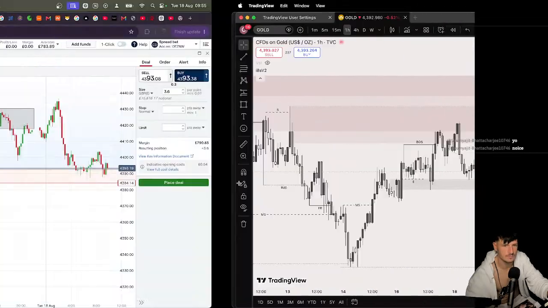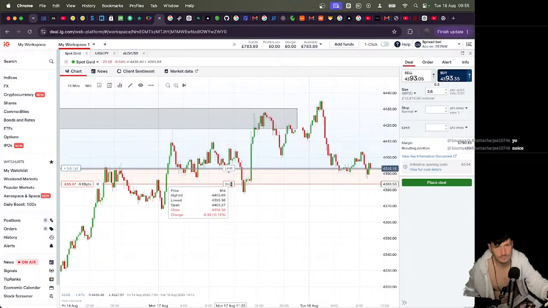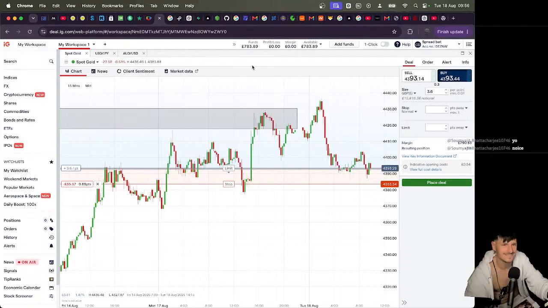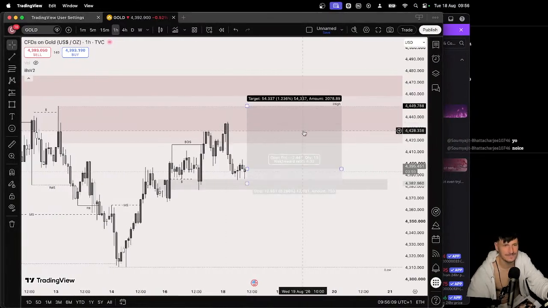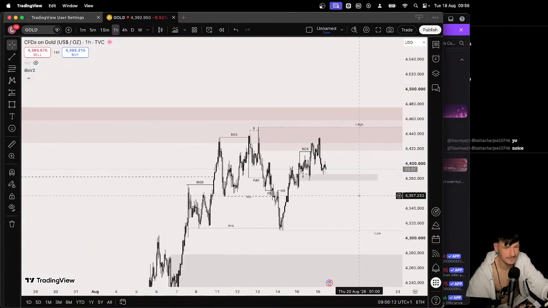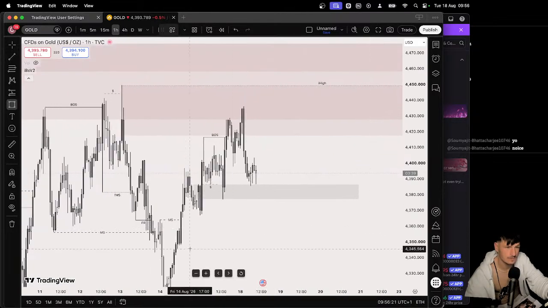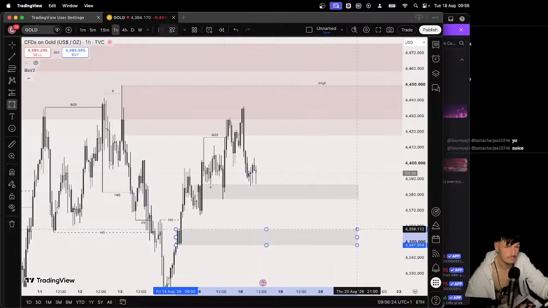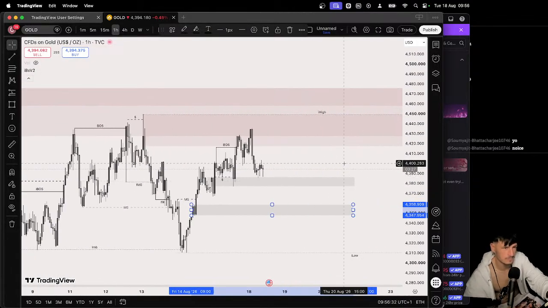Should I just take a risk? Nah. Because we have a market shift. So at least we're looking for like down here, because we're in like a little range in itself.